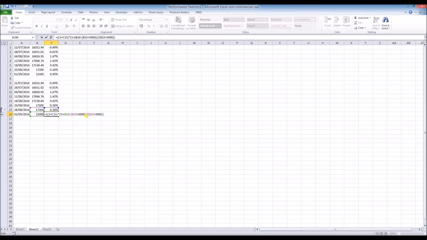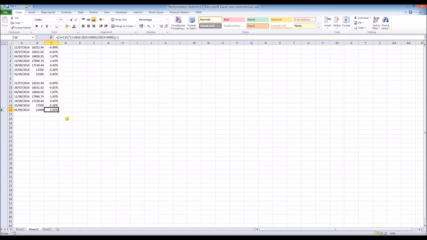So you need to make sure that you've got these brackets displayed correctly as well, and then close the whole equation with another bracket and minus 1, and that should give you a return for the period from the 25th of August to the 1st of September, i.e. the standard weekly reporting period that you want to record, by taking account of the returns midweek and then midweek to end week and compounding them. So we get a return of 1.03%.